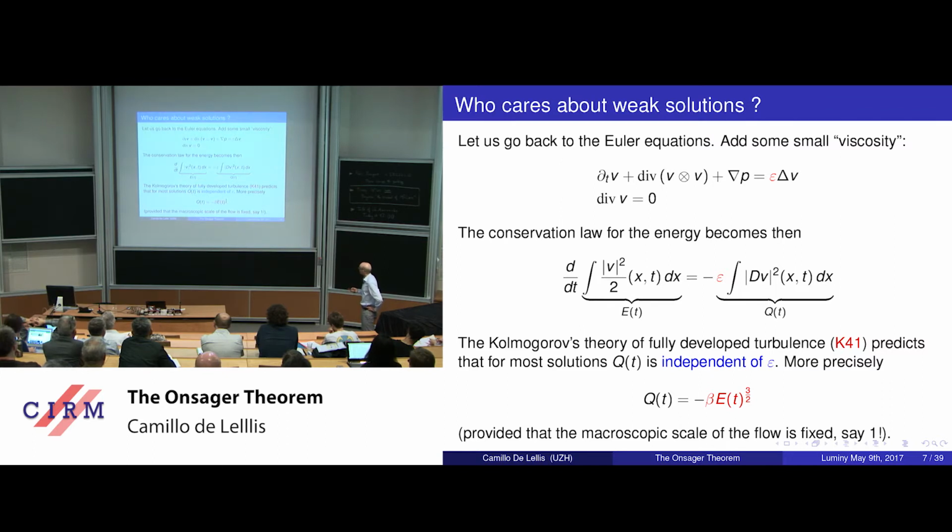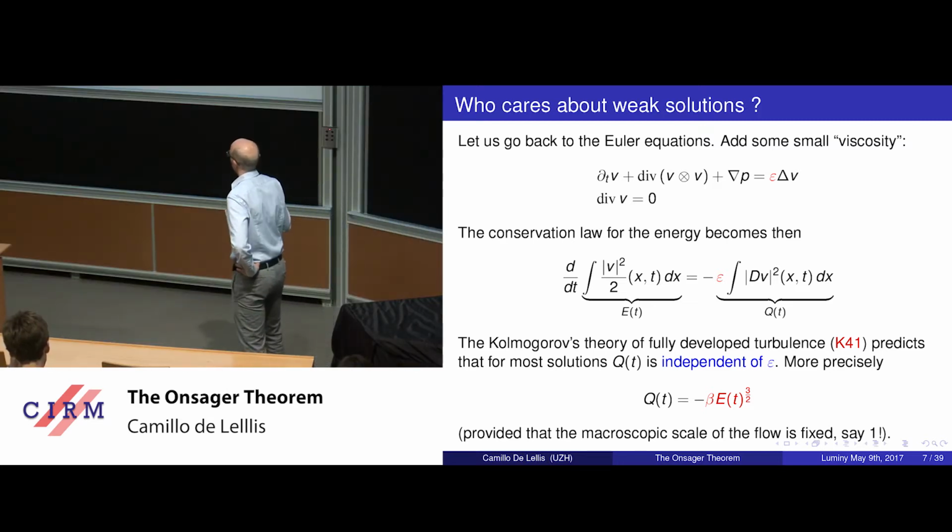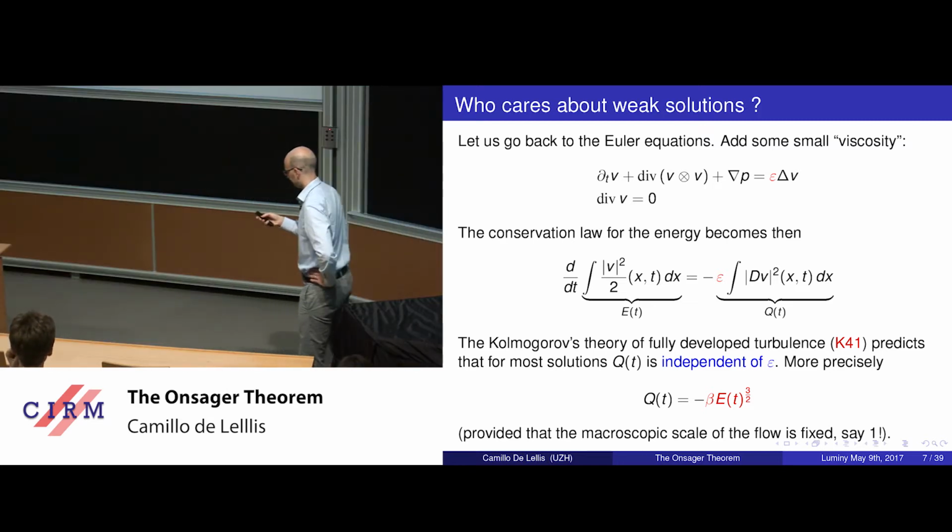But assuming you can do something like that, for most solutions you actually expect that this quantity over here is independent of epsilon. And it should actually be related to the kinetic energy by this law over here, where beta is just a constant. This, of course, provided you have some assumptions on the flow, for instance, that the macroscopic scale of the flow is fixed, say 1.